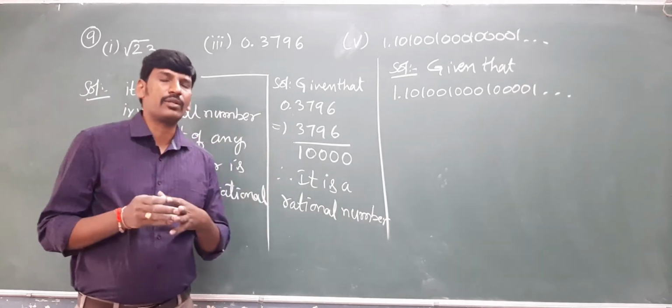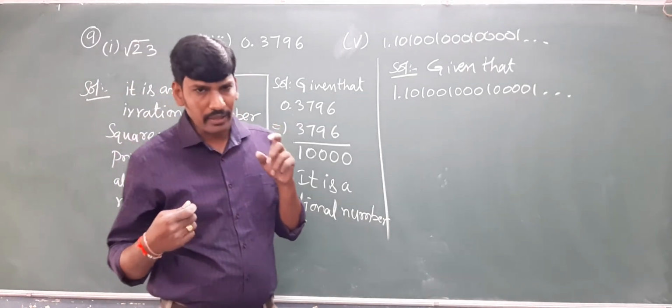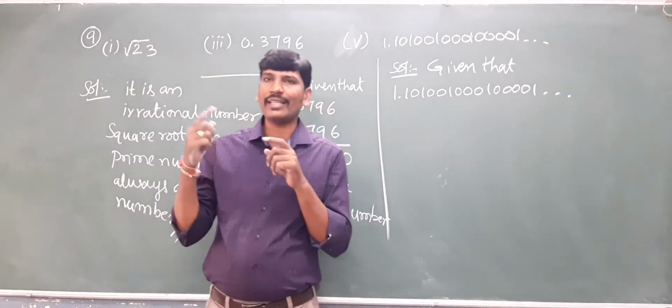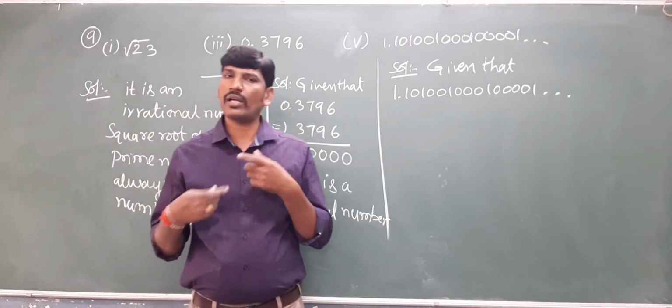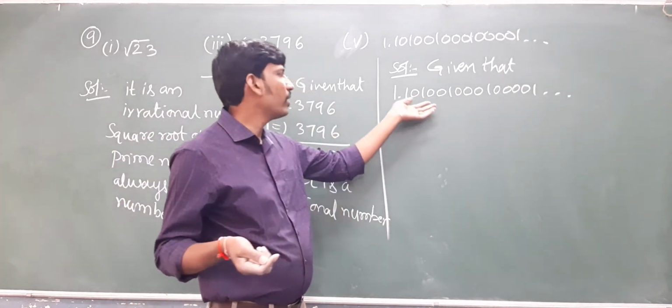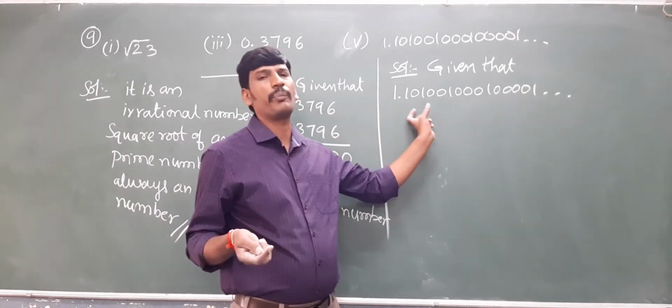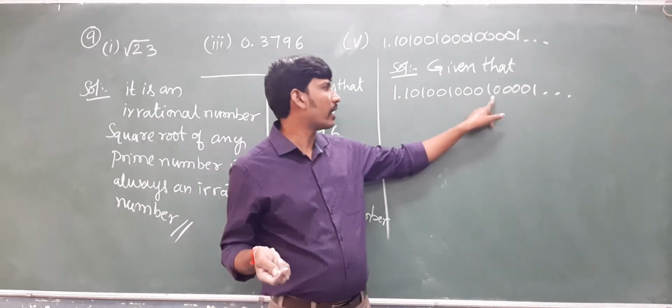In the previous classes we discussed that when we divide 10 by 3, it is 3.3333, only 3 is repeated. That's why it is a recurring decimal. Now coming to here, see this. There is no particular value repeated here. Here 10, then again 100, then 1000, again 10,000.